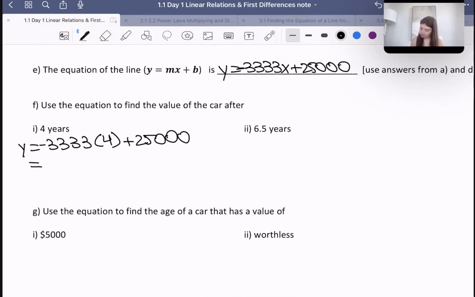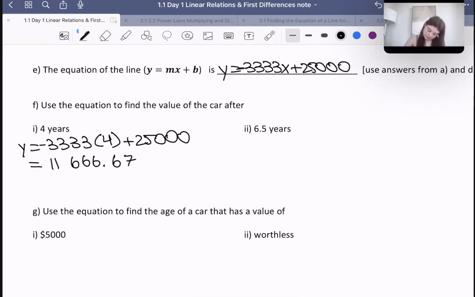That would be, let's see, $11,666.67. Okay. So it looks like in this case, the car is now worth less than half of what it was purchased for, which makes sense. We took away $3,333 4 times, and so now it's worth less money.